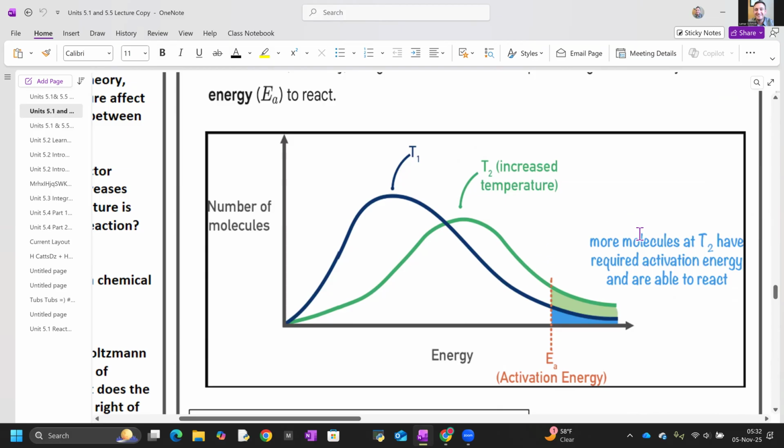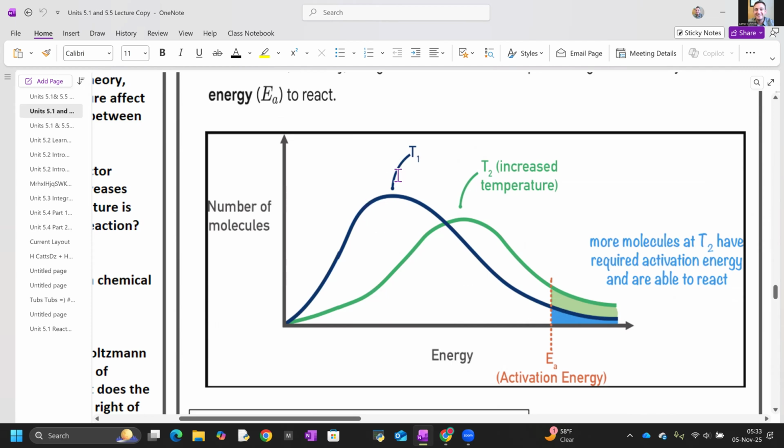Well, if we look at it in terms of the energy of activation, and we drew this line saying this is the amount of energy needed for a successful collision to take place, we can see all particles under the green line, including the blue, will have enough energy to make a successful or effective collision.